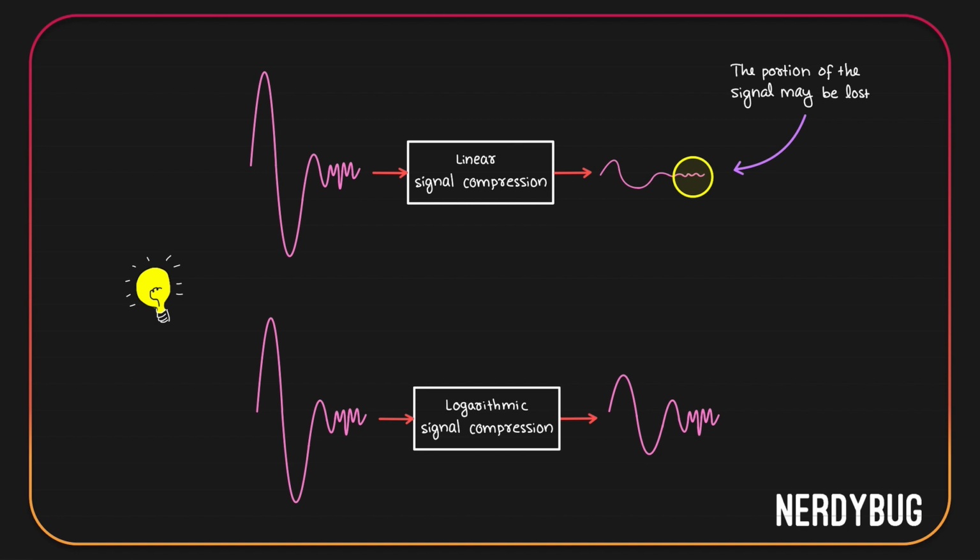It looks at how many times it has increased. A tiny change at low levels is a big deal, so it keeps it. But the huge change at high levels will be compressed into a small step. In simple words, we can say small changes are compressed less than larger changes. So high amplitude portions of the signal are compressed more than the low amplitude signals.